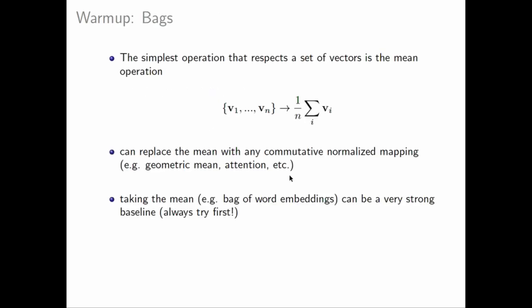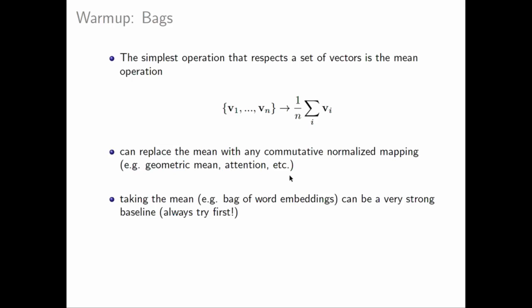Okay, so the simplest thing, if someone says, give me some operator that, if you give me a set of vectors, is permutation invariant with respect to the set of vectors, and is invariant with respect to the size of the set, is taking a mean. So taking a mean is a really nice thing to do.